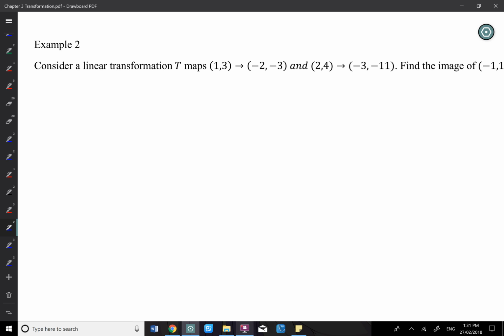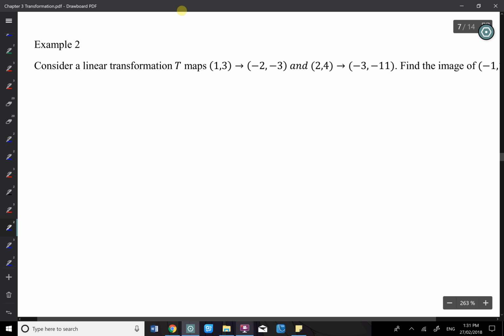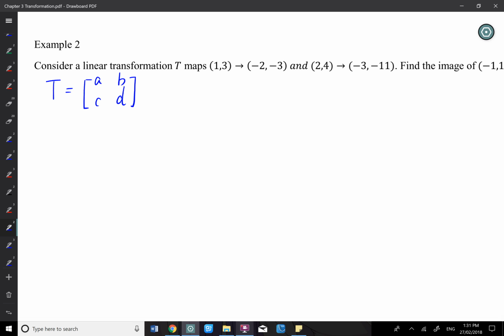I don't know the transformation matrix T, so I need to find it first. I can't predict anything yet, so I will make it a, b, c, d. I don't know whether ad or bc will be 0, so I just set up a matrix with four numbers in case, assuming all values are non-zero.